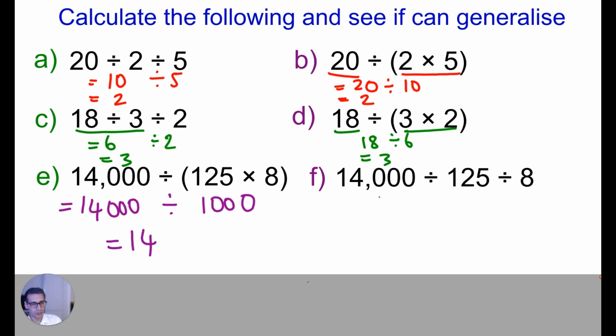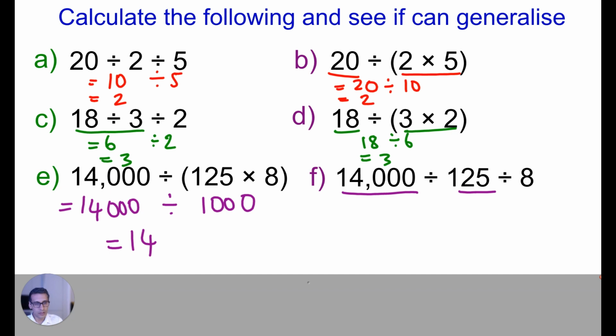And on the second example here, 14,000 divided by 125. Now we know there are 8 lots of 125 in 1,000, so we're going to do 8 lots times 14.